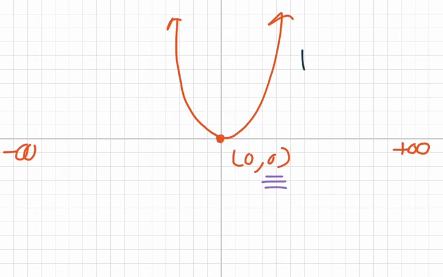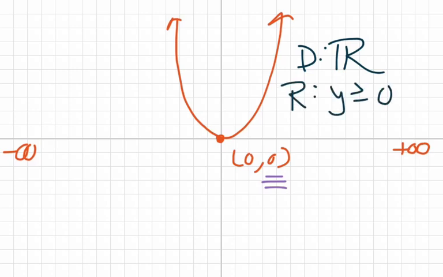And that's why your domain is all real numbers, or you could say negative infinity to positive infinity. That's where the interval notation comes from. And the range, we say y is greater than or equal to 0, because when you're looking at the y-axis and the up and down, it stops at the 0 and it doesn't go any lower than that.